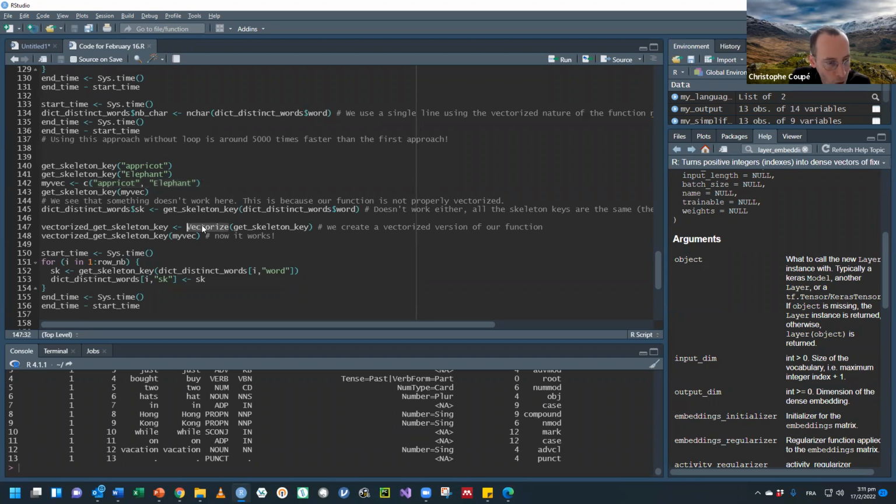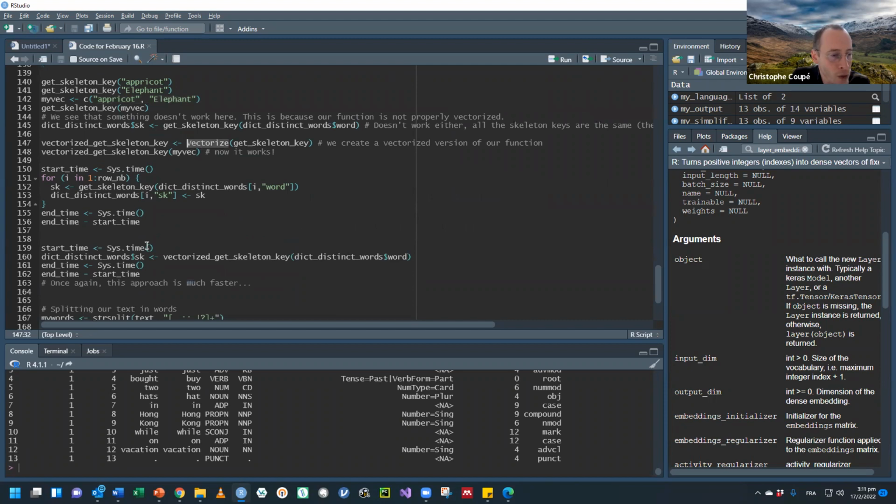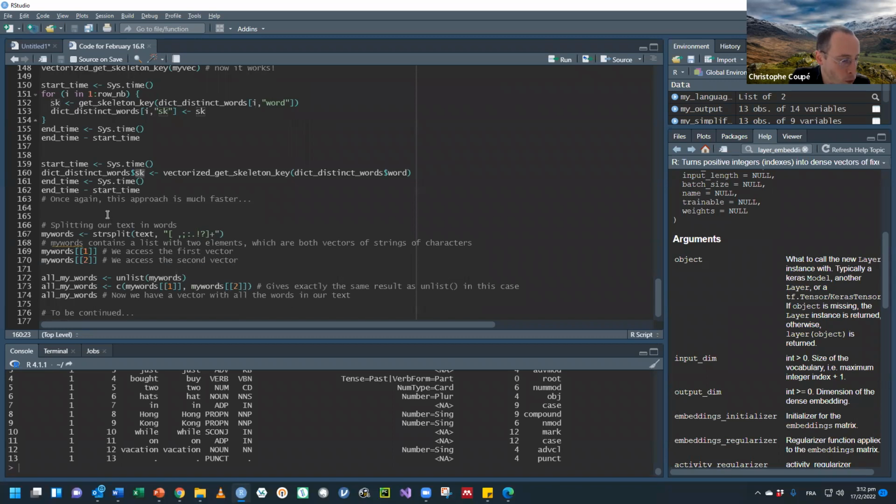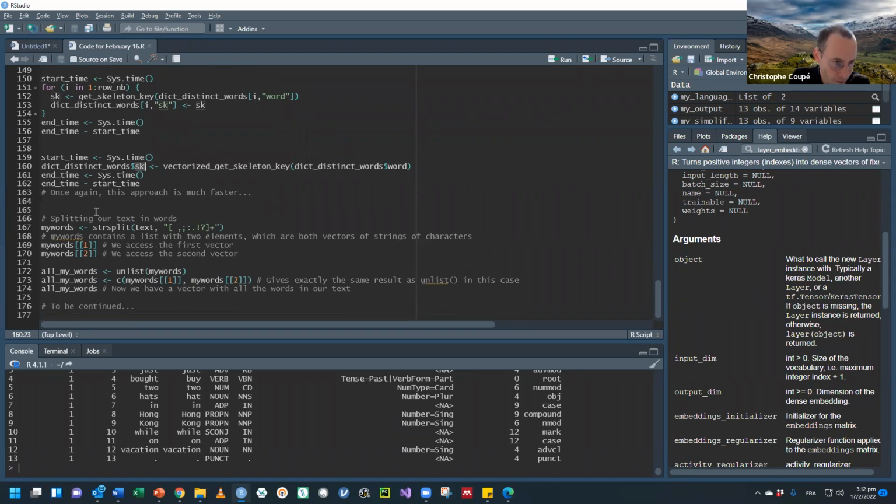So we used the function Vectorize to create a new function, and then we could use it to compute the skeleton keys for all our words. That's here. So we use the vectorized getSkeletonKey. We provided all the words in the dictionary, and then we put that in a new column that we called SK, like skeleton key. And then, of course, our dictionary is ready.